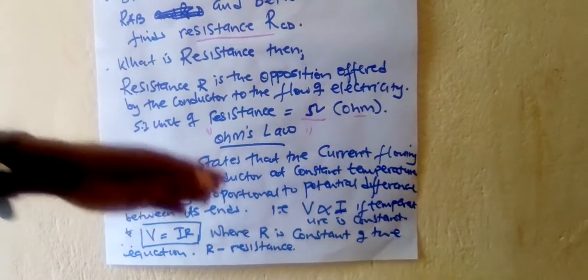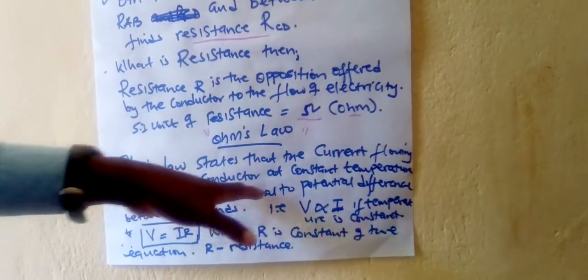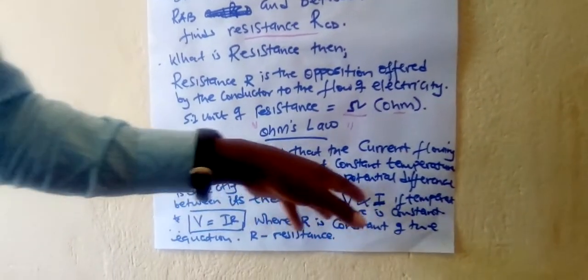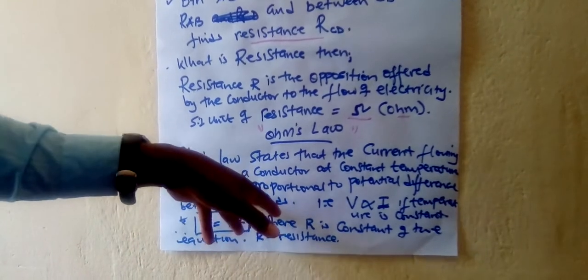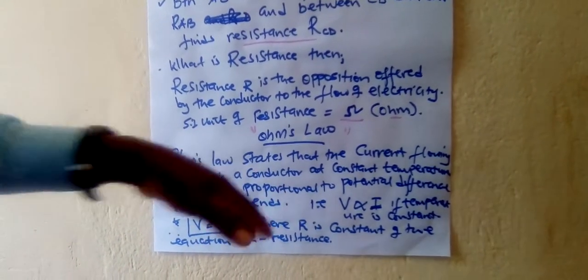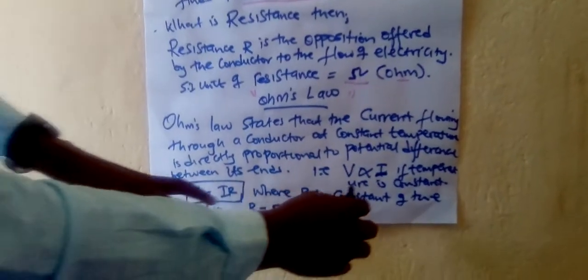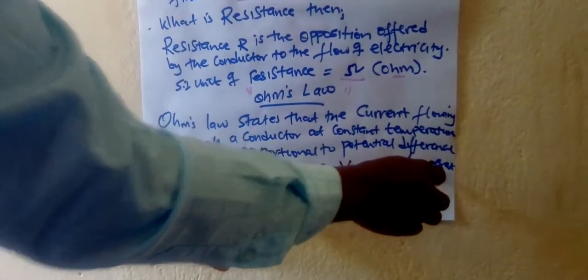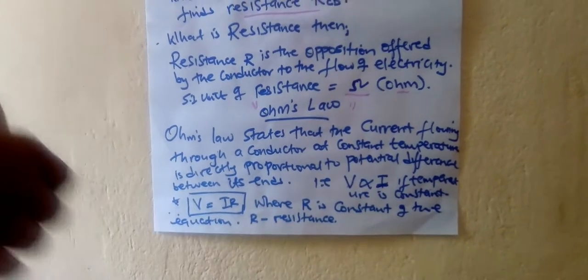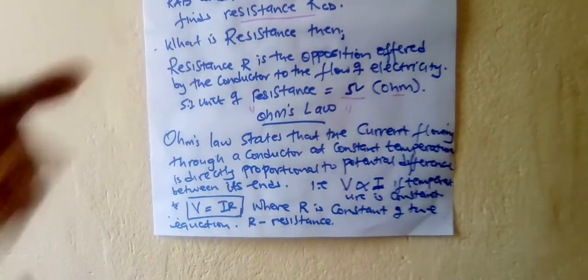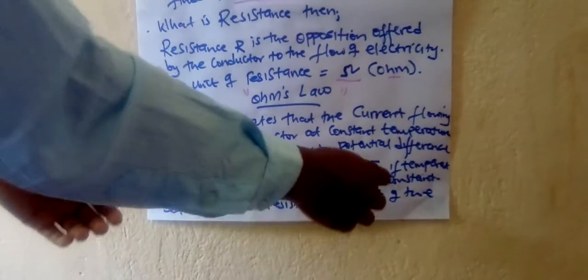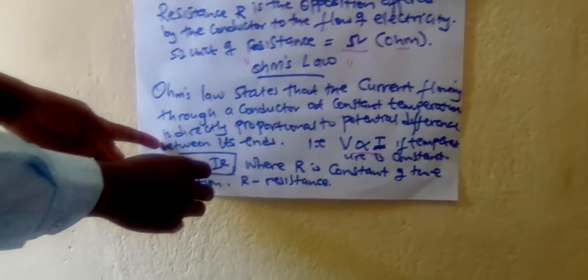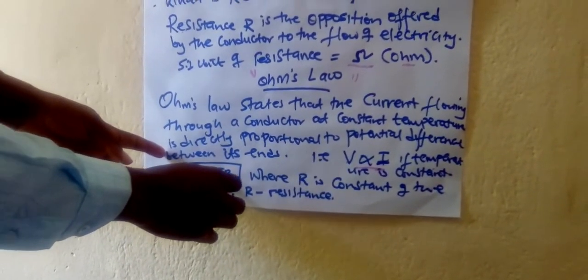We are saying that Ohm's law states that the current flowing through a conductor at a constant temperature is directly proportional to the potential difference between the ends. So the potential difference is proportional to current if the temperature is constant, for all ohmic conductors that obey this law. Now we are saying V equals IR.